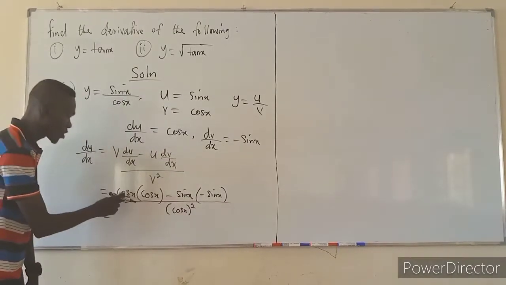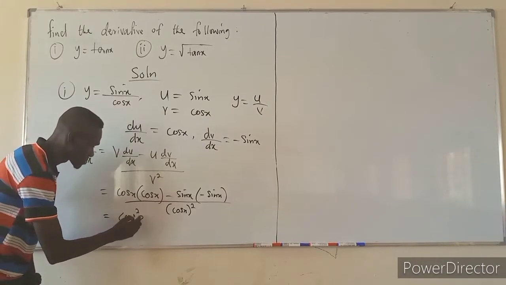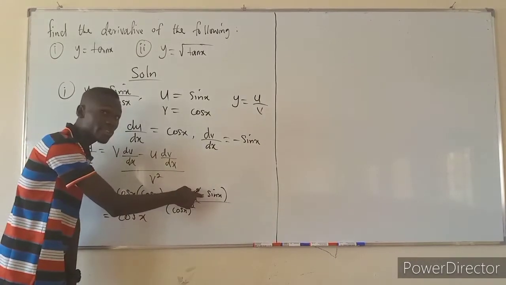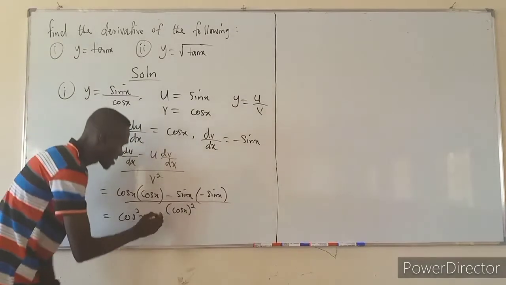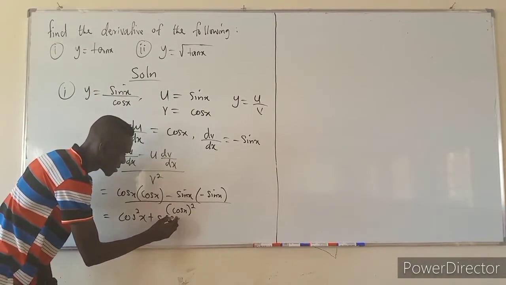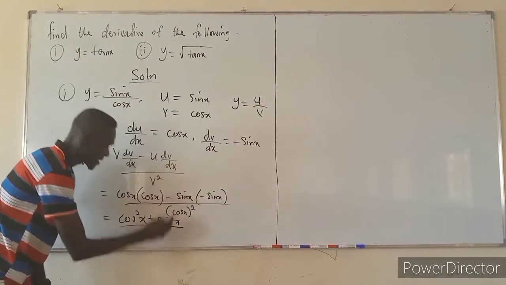I'm going to have cos x times cos x, which is cos square x. Minus, and this minus in the bracket becomes positive, so sin x times sin x is sin square x, everything over cos square x.